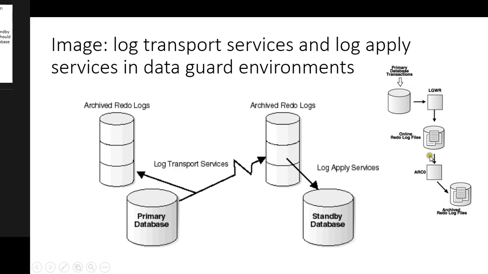When you switch your log files, the archive process is then responsible for going to the archive logs, and then eventually the archive logs are going to be shipped to the standby database. So this is what's going on internally. For this diagram, I'm just focusing on the internals of the primary database.